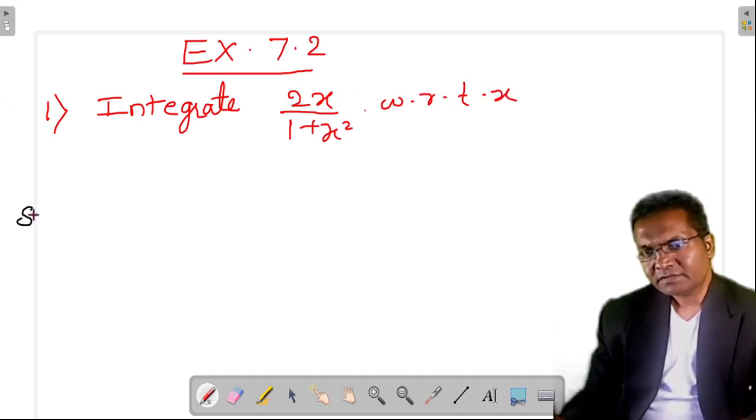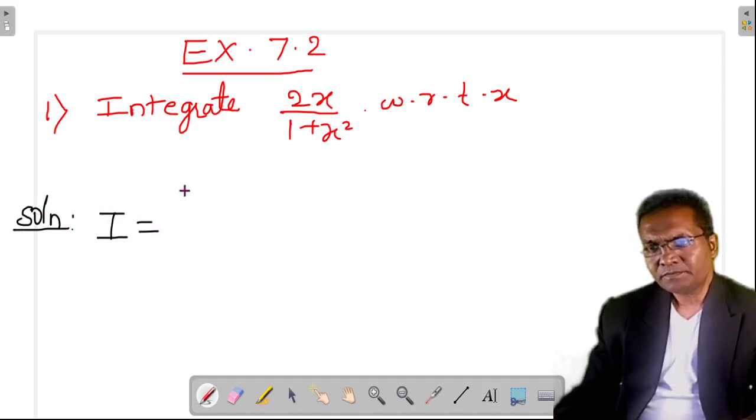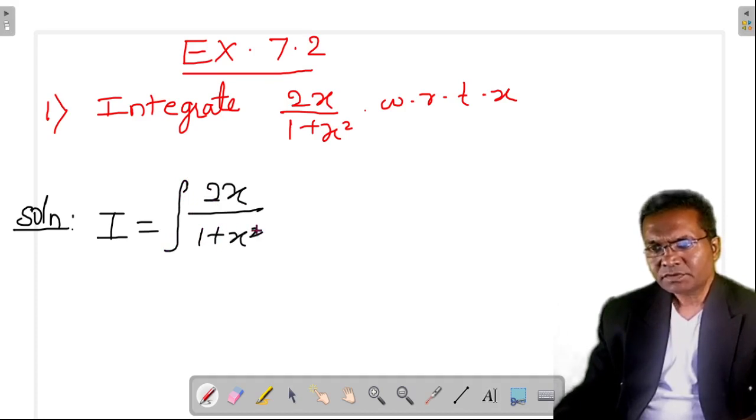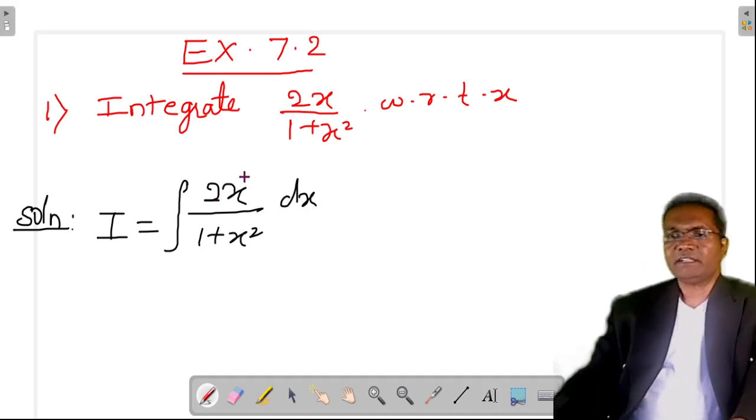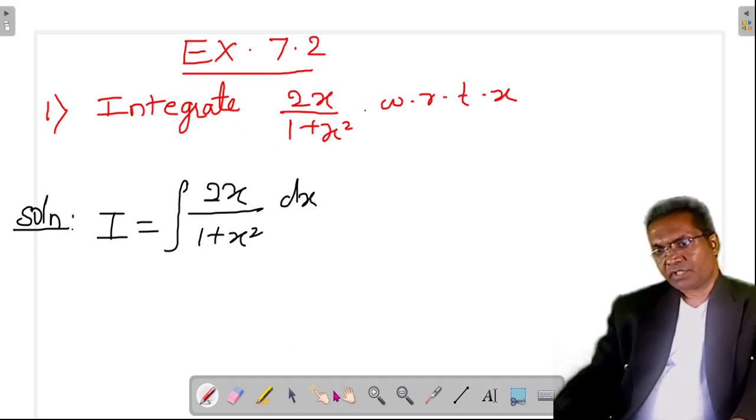Okay. So you have to call I is equal to the integral with respect to x, which means you have to put this sign: 2x by 1 plus x square, with respect to x means you have to take dx here. This is the way of writing this given question.